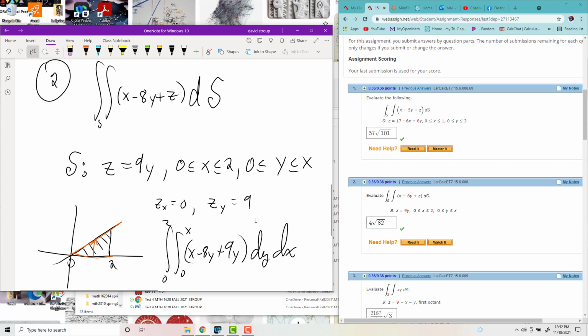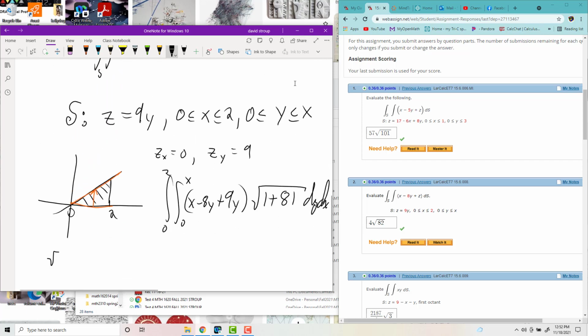Whoops, I forgot the square root part. Sorry about that. So you have the square root of 1 plus z sub x squared, which is 0, plus z sub y squared, which is 81, dy dx.